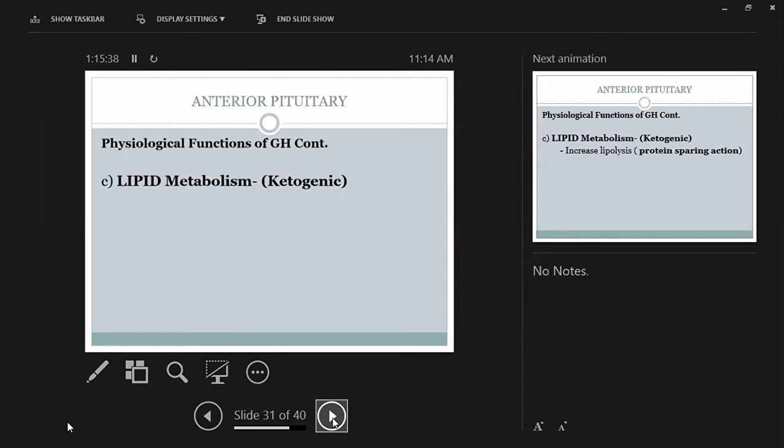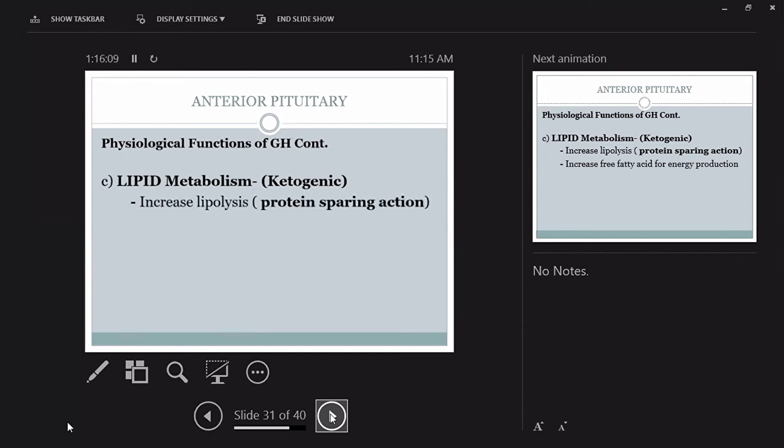So because endocrine is so intertwined with biochemistry, you have to remember all these terminologies, okay? And on lipid metabolism, your growth hormone is ketogenic.